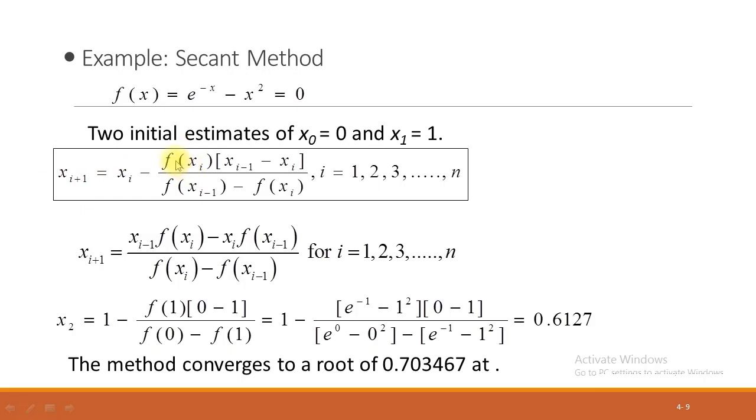So for i is equal to 1, this will be f of x1, and for i is equal to 1 this will be x0, the value of x0 is 0, and this is x1, the value of x1 is 1, divided by f of xi minus 1.